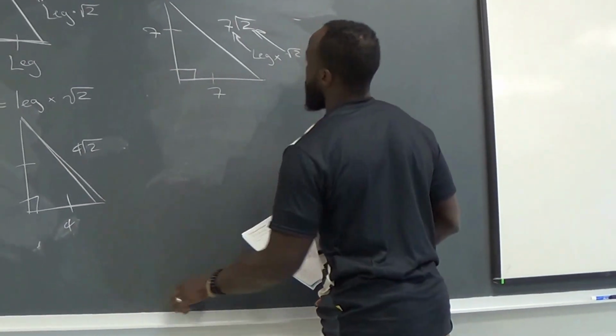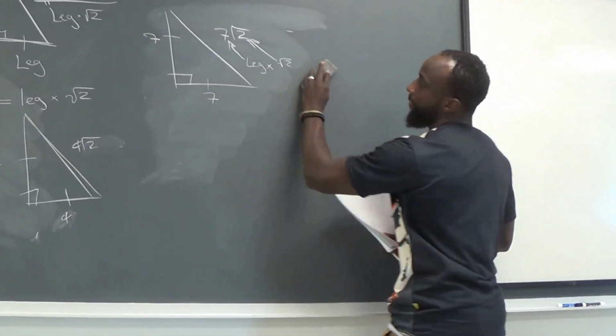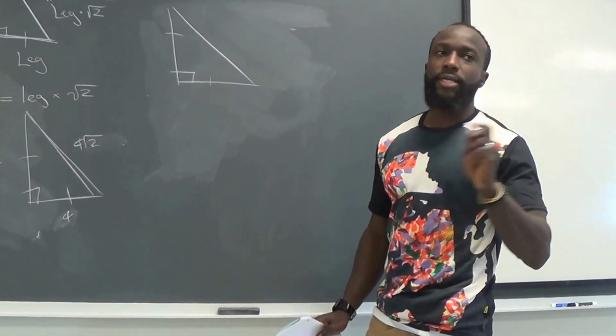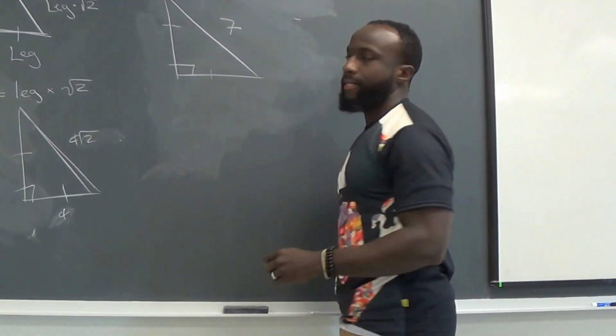Now, here's where it gets interesting. What if we said the hypotenuse was not 7 root 2, but just 7?